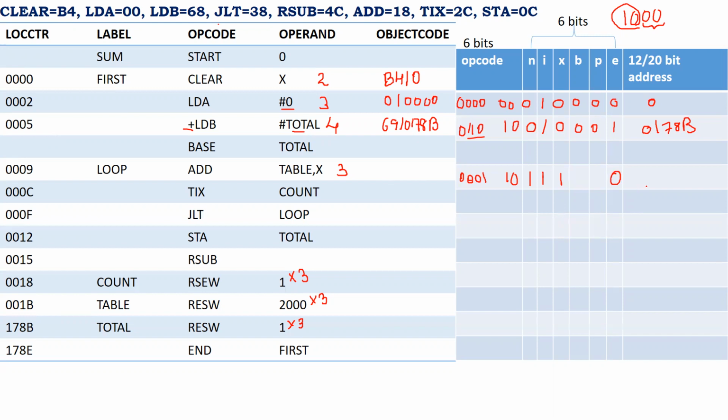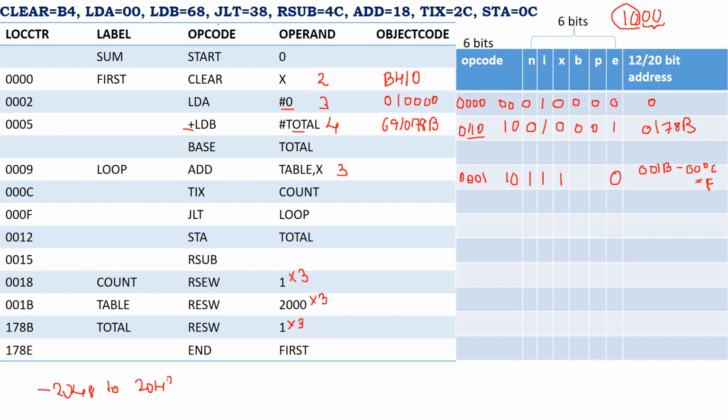And we need to calculate the displacement. To calculate displacement, go to the location counter of table. The location of table is 001B. 001B minus the next instruction, which is 000C, is equal to F. This F lies in the range of -2048 to 2047.